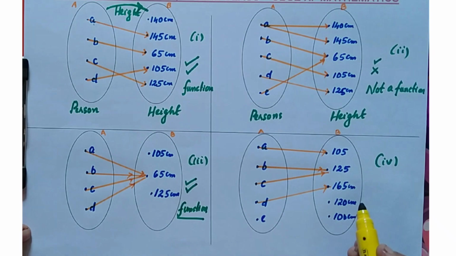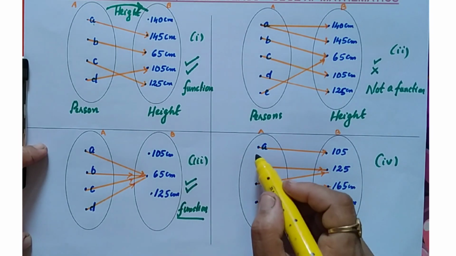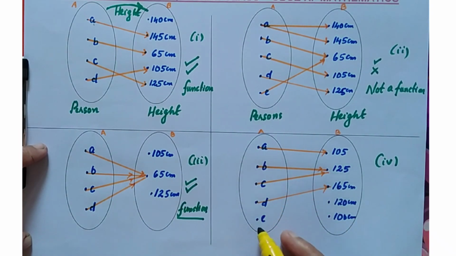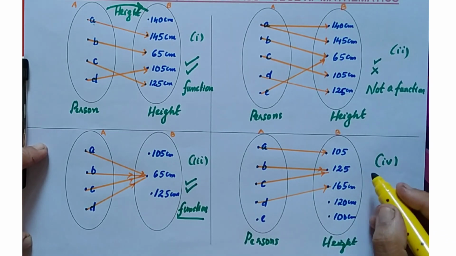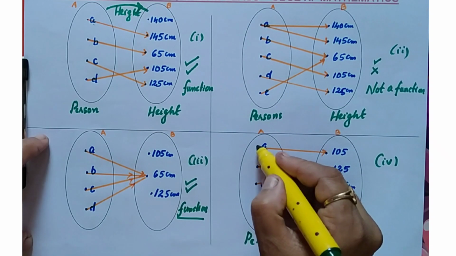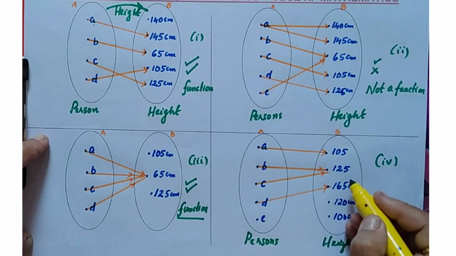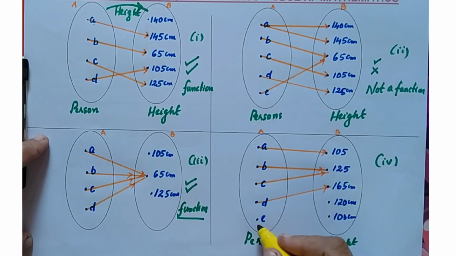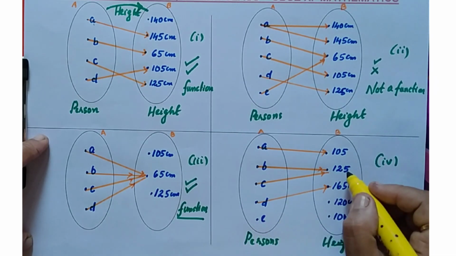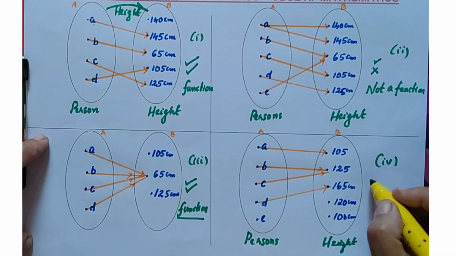Come to case 4. Here A, B, C, D, E, 5 elements are in the set A. The set A is the set of persons and the set B represents the height of the person. As per condition 1, every element in the set A has a connection with some element in B. Here the element E has no connection with an element in B. So the first condition fails.